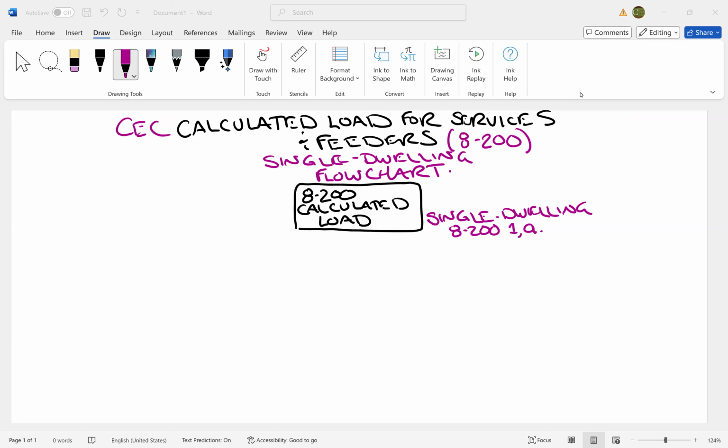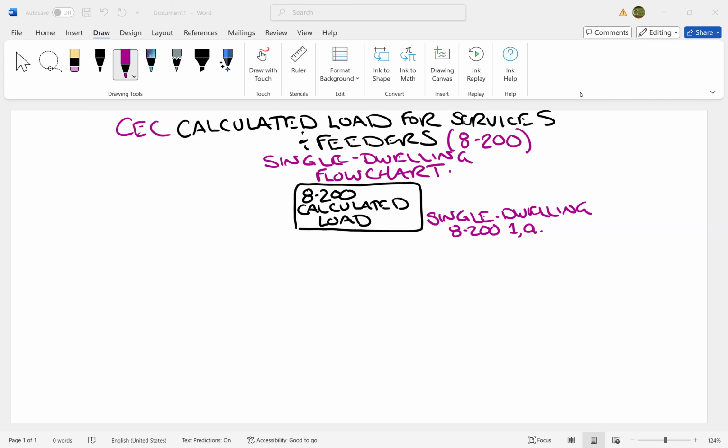Now, if it's really small, then you do one thing. And if this is a large dwelling, you are going to use a different thing. Small is in 1A1, and large is in 1A2.